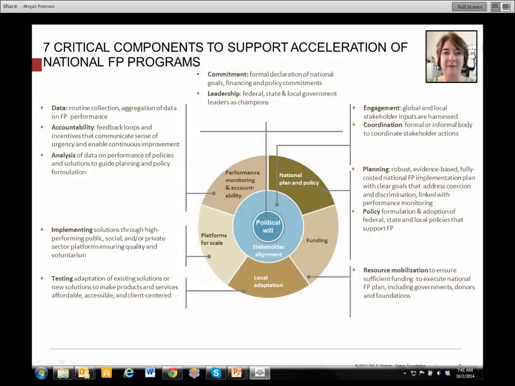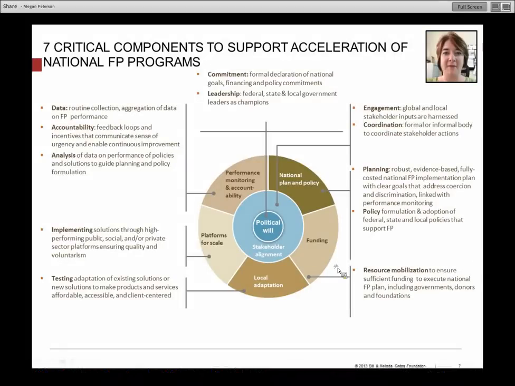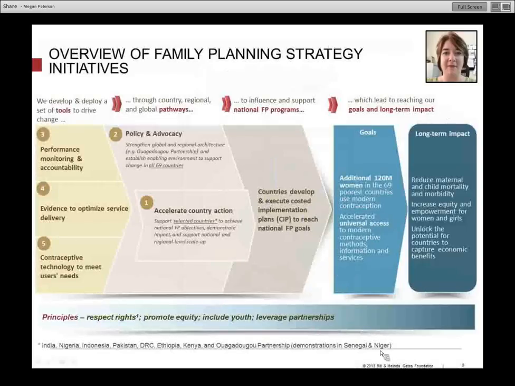So with that said, within the strategy we have 5 initiatives going forward, looking at what tools are needed to enable change in this global field. First, performance monitoring and accountability, where we're looking at data, transparency of data, data for decision making, and evidence for optimizing service delivery.